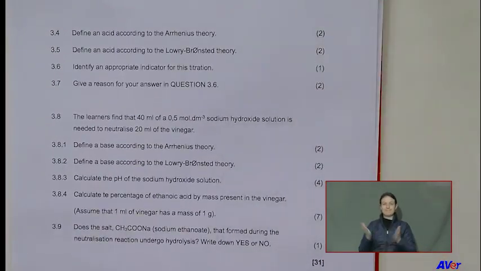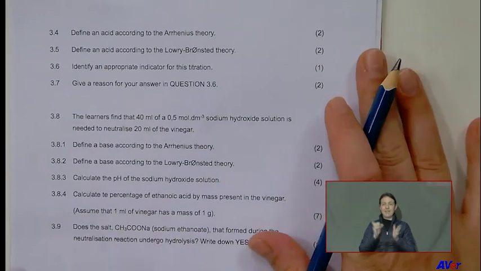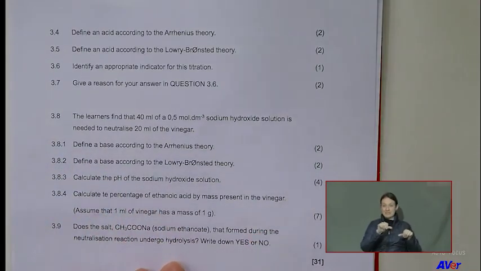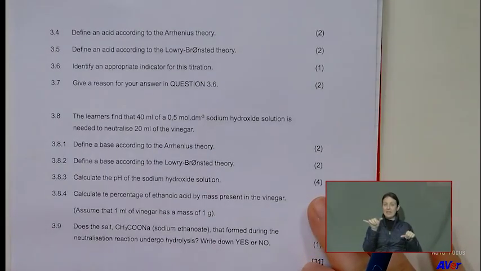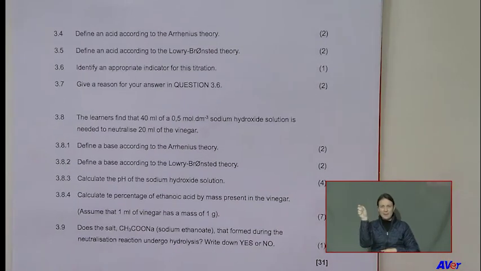Then, define an acid according to the Arrhenius theory. So, was Arrhenius the guy that said an acid is a proton donor, or is it the guy that said an acid will form hydronium ions in solution?